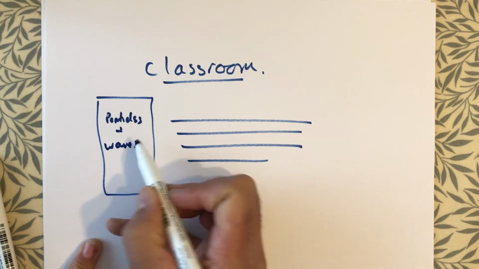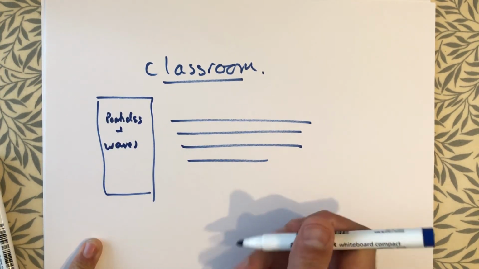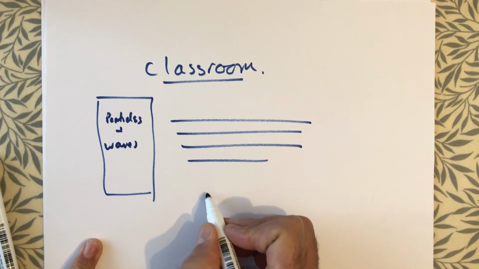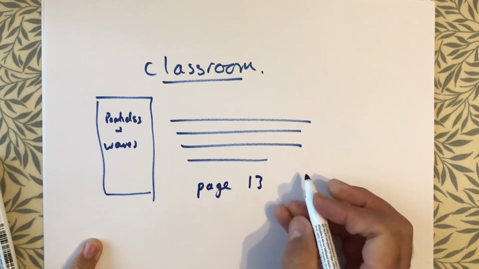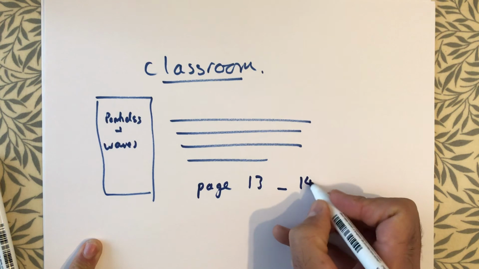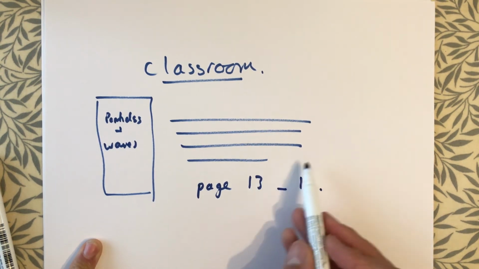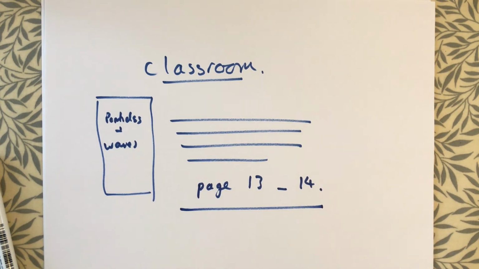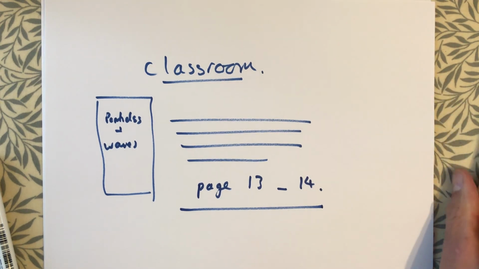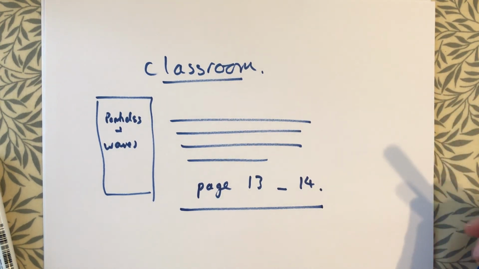If you click on that, you'll find some course questions, and I'd like you to do the very long question on page 13, and there's stuff to help you on page 14. So I'd like you to sort out the missing words on pages 13 and 14. That's not particularly easy and it's quite a long task, so take your time with that, and I'll catch up with you and give you some feedback. Okay, be good.